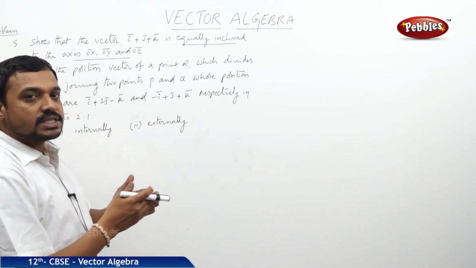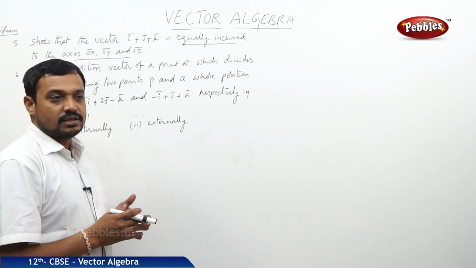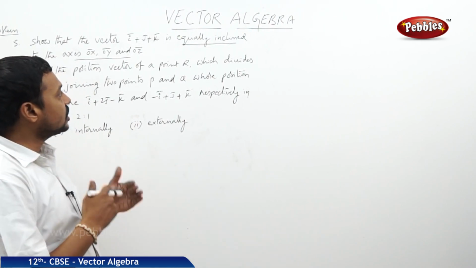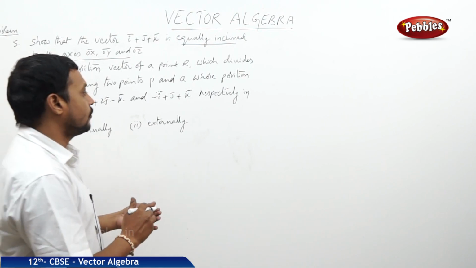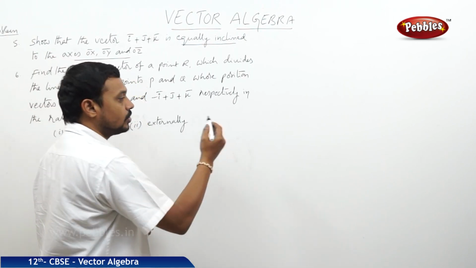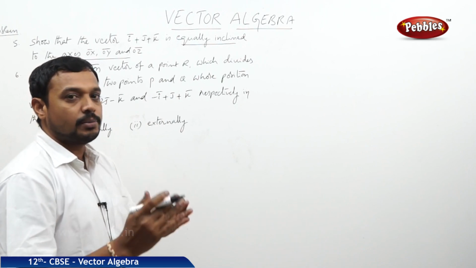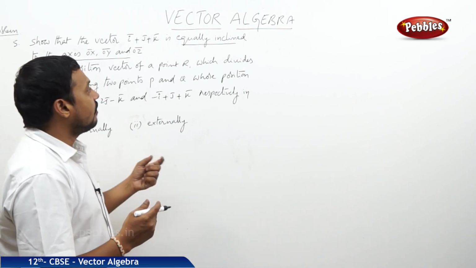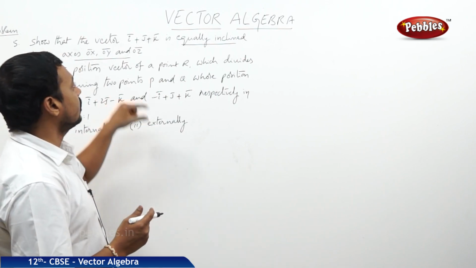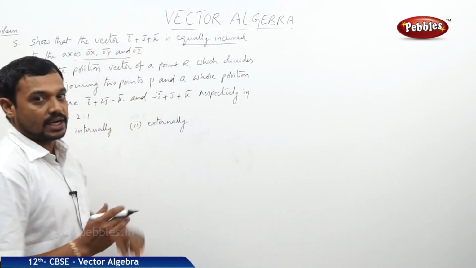A vector makes equal angles with the coordinate axes if the direction cosines cos alpha, cos beta, cos gamma are equal. If cos alpha is equal to cos beta is equal to cos gamma, then alpha is equal to beta is equal to gamma. But what are alpha, beta, gamma? They are the angles made by the vector with the coordinate axes.